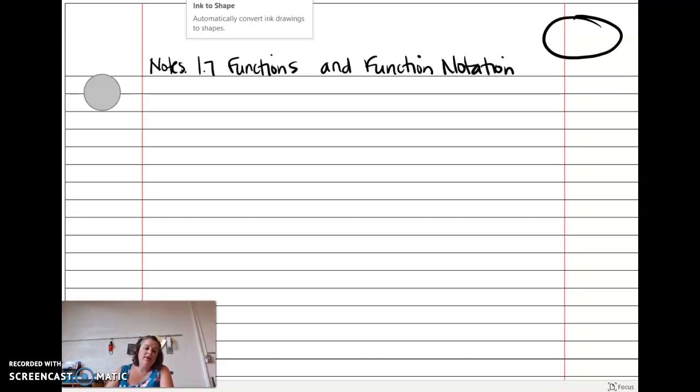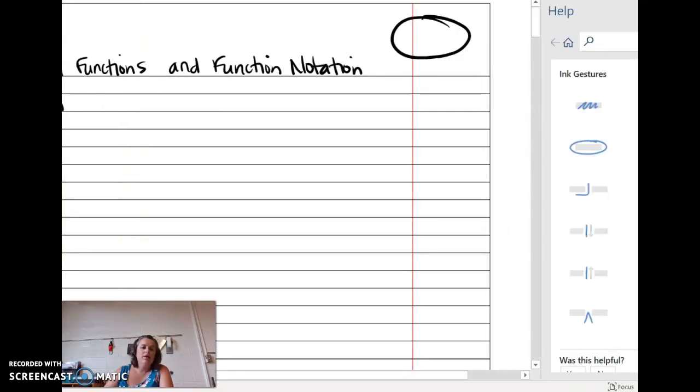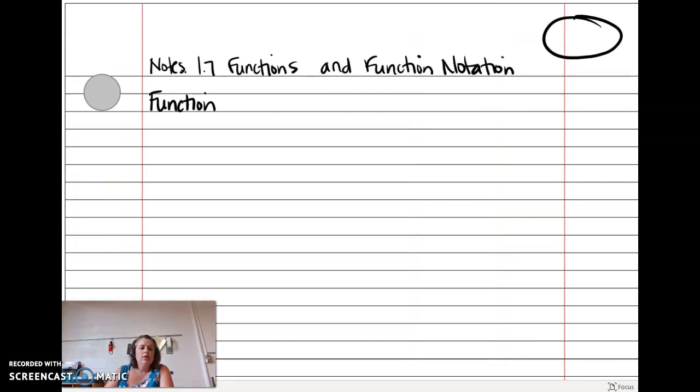First word I'm going to define is: what is a function? Highlight that. Okay, so a function is a relation.